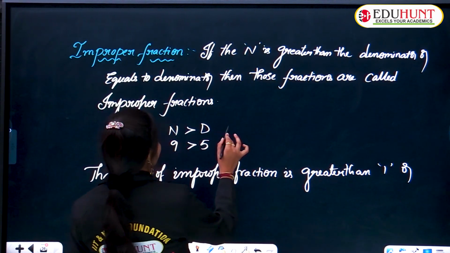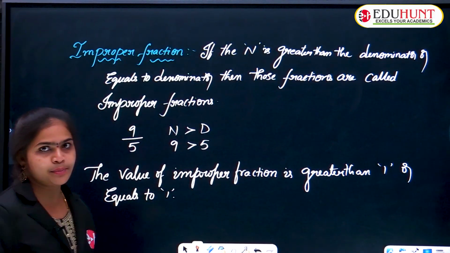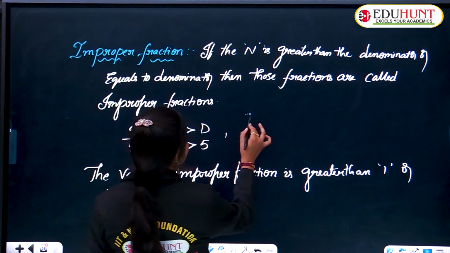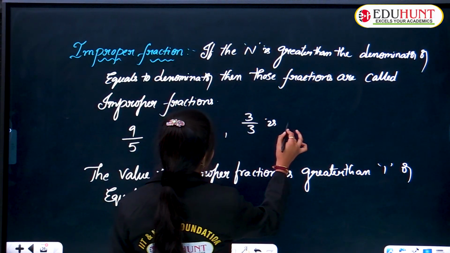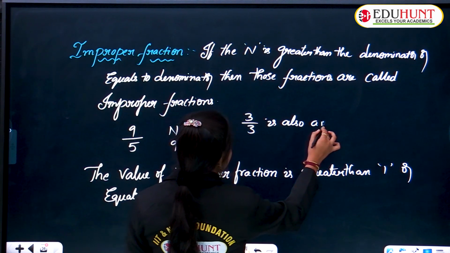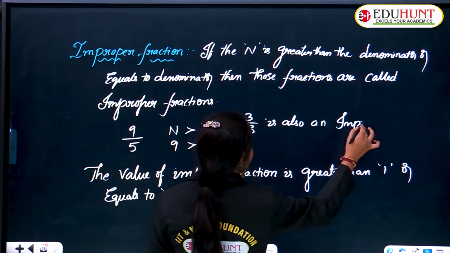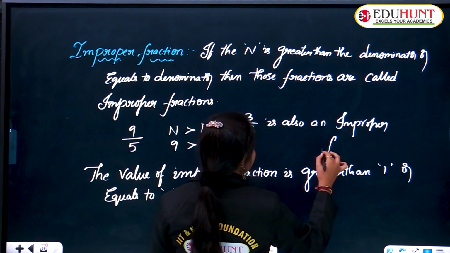Why equal to 1? Here 9 by 5 is an improper fraction. Along with that, 3 by 3 is also an improper fraction.